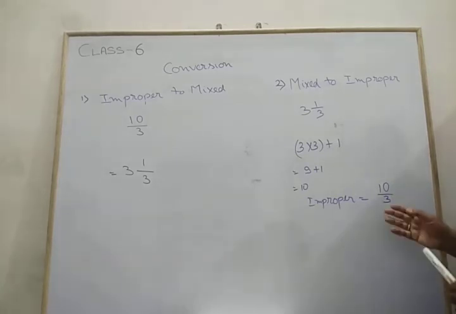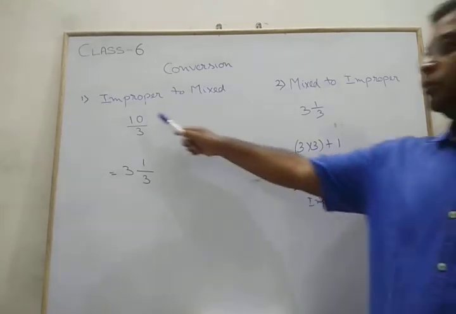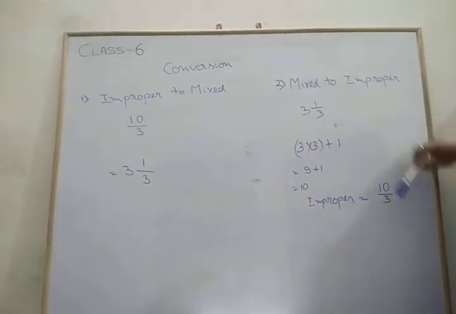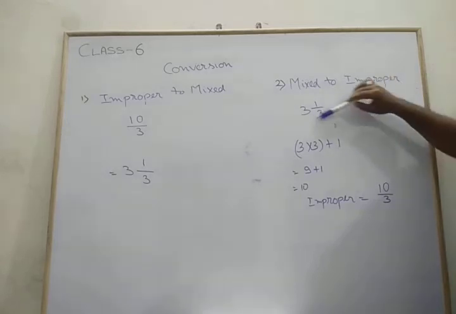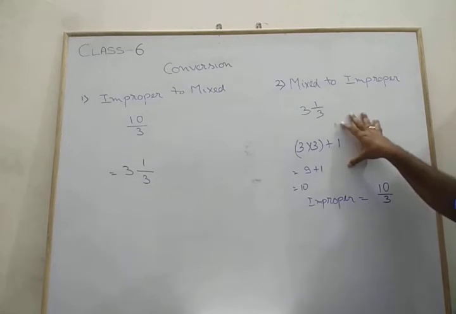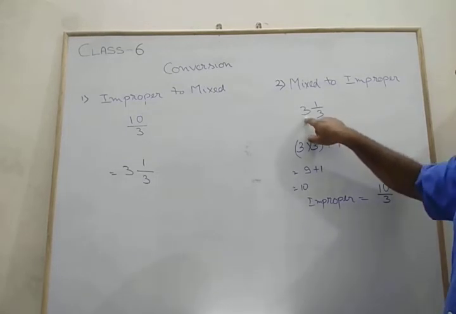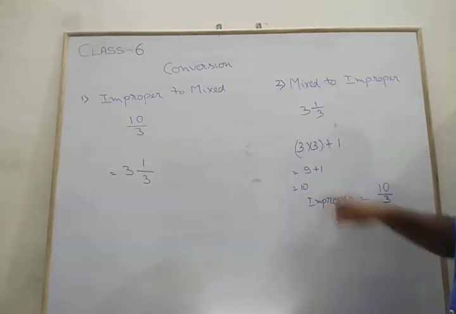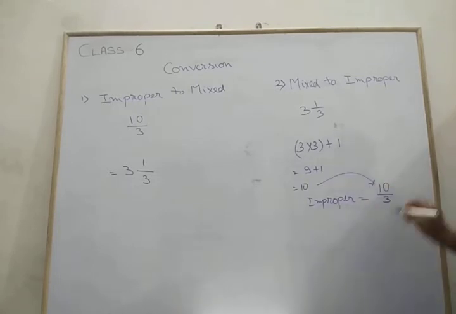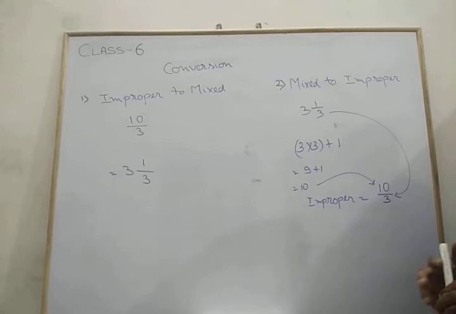So you can see we can easily convert 10 upon 3 into a mixed fraction by dividing, and again from 3 whole 1 upon 3 we go from mixed to improper by using this. First we find the product 3 into 3, then we add 1, giving 10. This goes to the numerator part, and the denominator part is the same as given. Hope this conversion is clear. Now move to the next part.